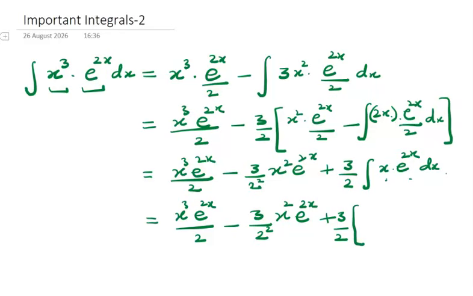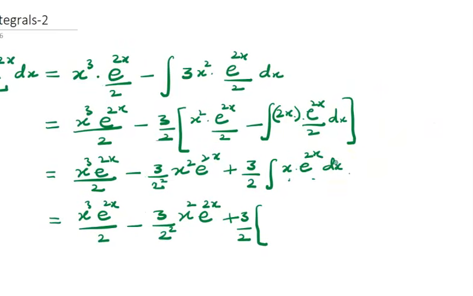Now let us see. This integral is first function x as such into integration of second e to the power 2x by 2, first function, integration of second, minus integral of derivative of first. Derivative of x is 1, and integral of this e power 2x is e power 2x upon 2 dx.